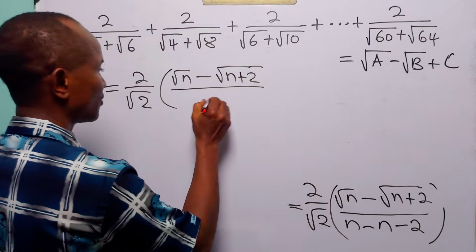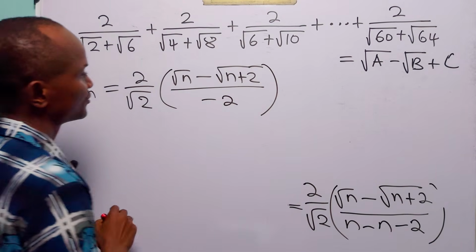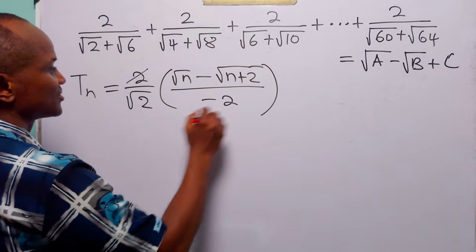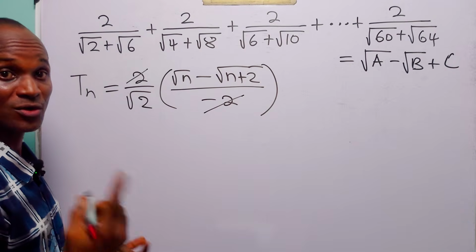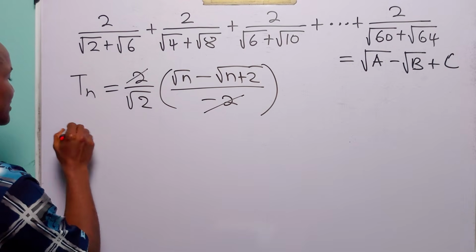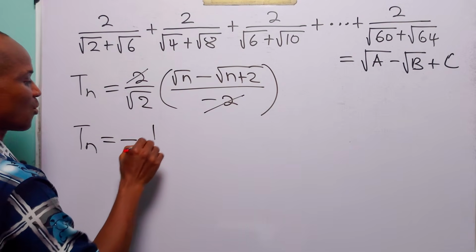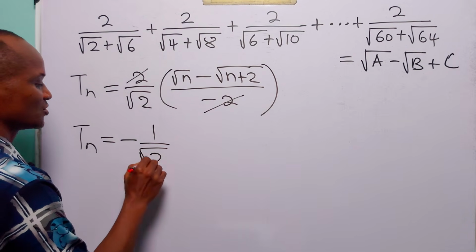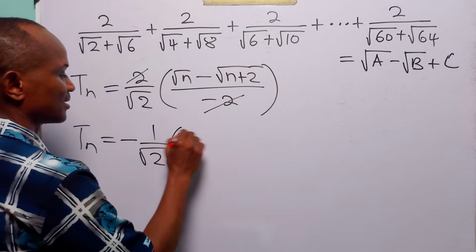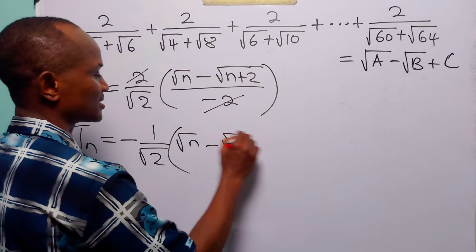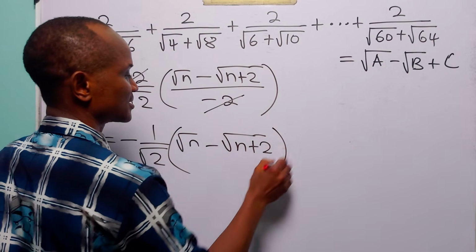So in the denominator, we have minus 2. Now this is going to cancel that to give us minus 1. So we have that Tn is equal to minus 1 over root 2 times root n minus root n plus 2.